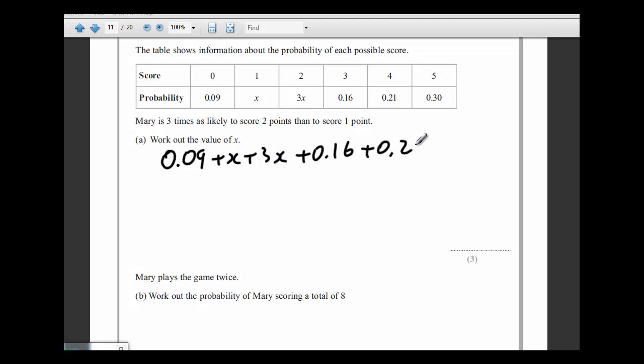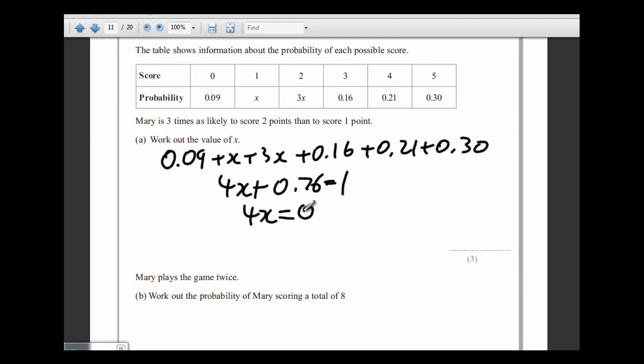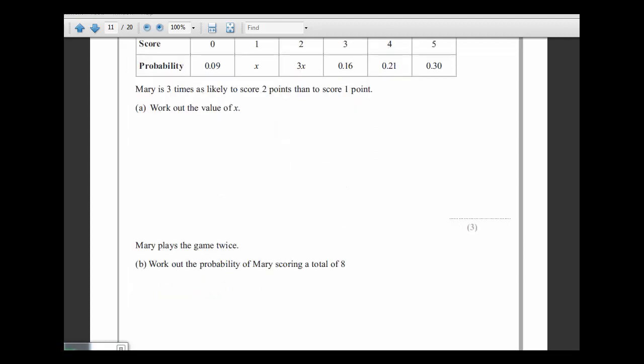So if I add all these, what I end up with is 4x plus 0.76 equals 1, which means that 4x equals 0.24, which I can work out to be that x equals 0.06 by dividing by 4.